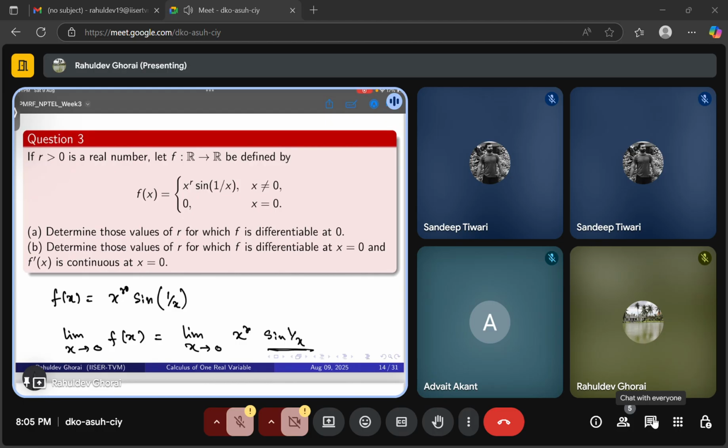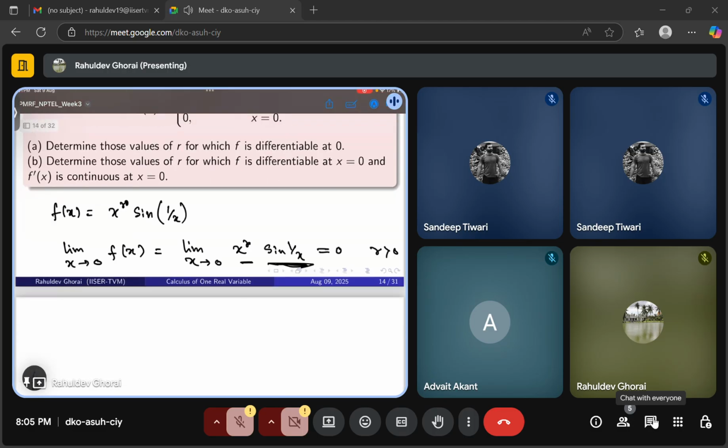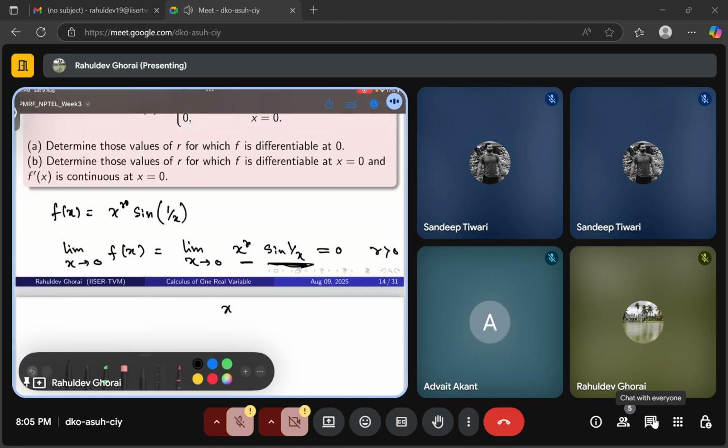Sine of 1 by x is a bounded function, and this tends to 0 only when r is greater than 0, just greater than 0, not even equal to 0. If r is equal to 0, then it will be sine of 1 by x, which does not converge to 0 as x tends to 0.